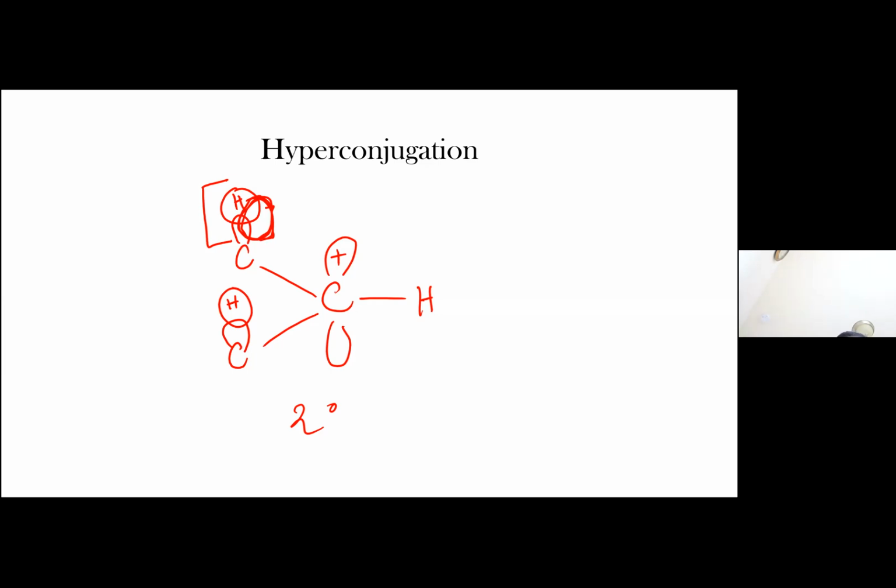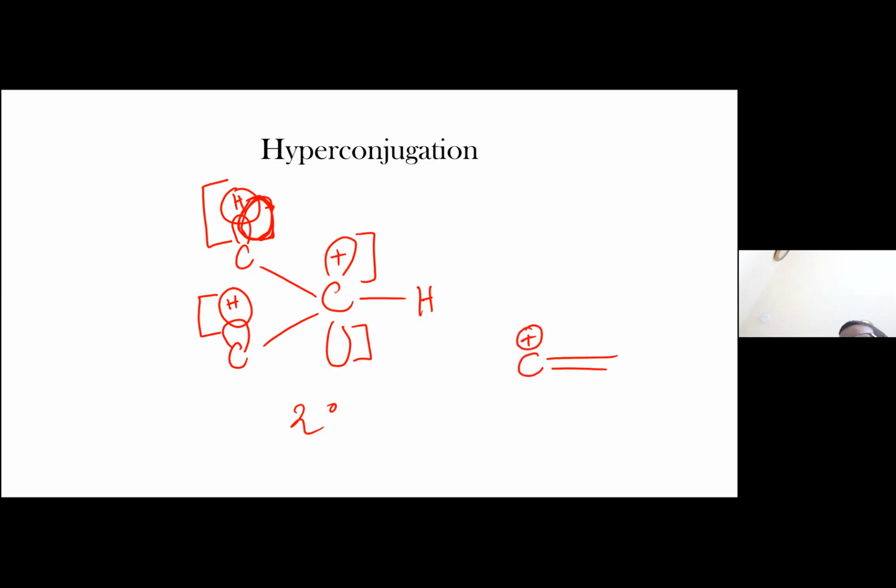Okay. And just as another interesting idea that we won't get into, one thing to note is that these bonds have to be parallel or in the same plane as this p orbital. This is going to come back later when you're thinking about vinylic carbocations, where you have a carbocation that's part of a double bond or triple bond.